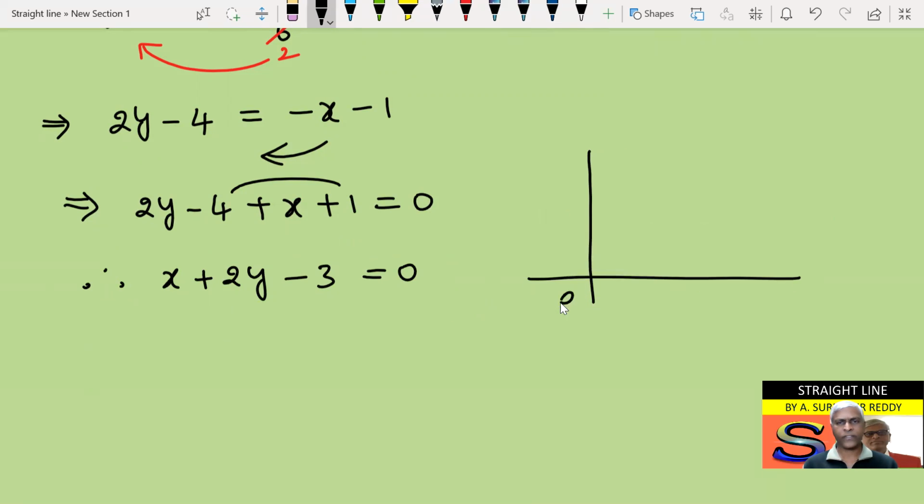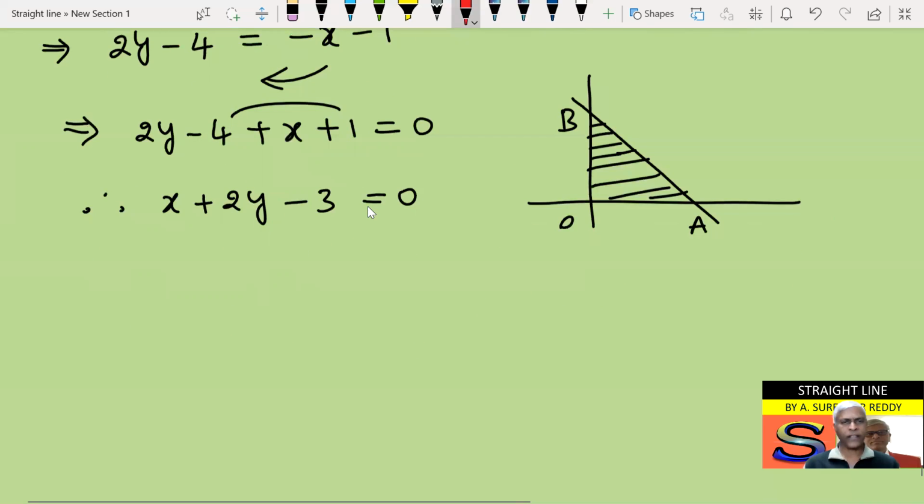After finding the equation, find the area of the triangle AOB. So we have to find this area of the triangle.